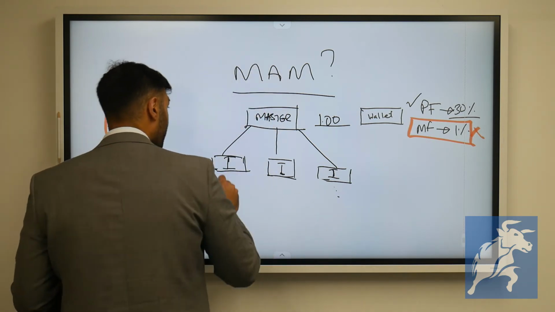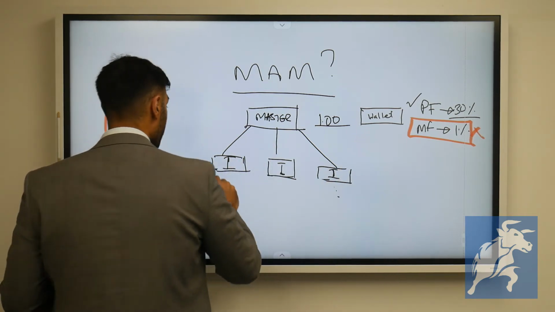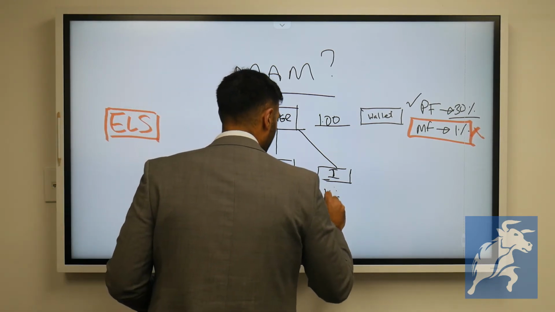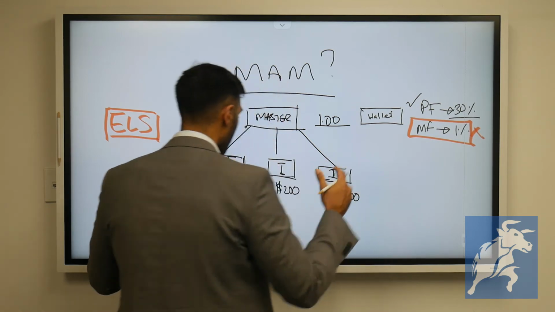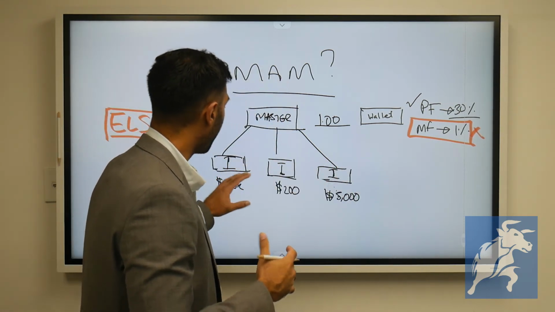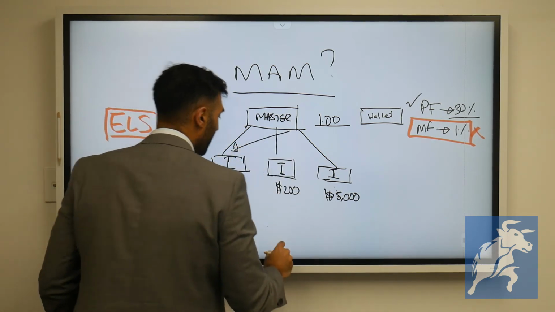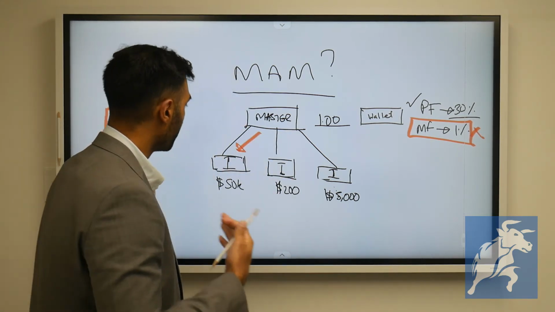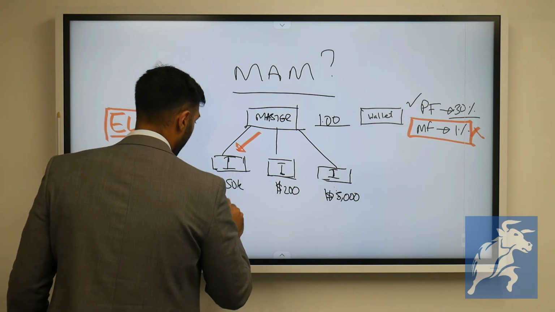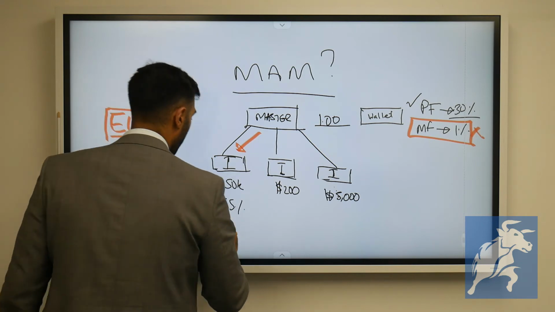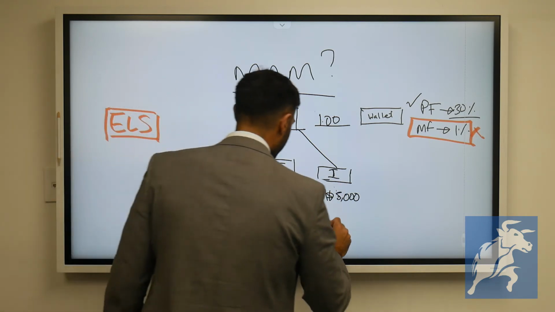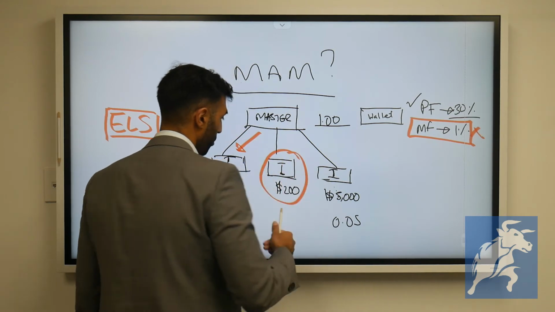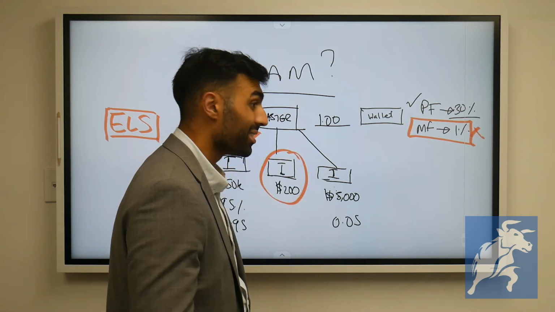So for example, if your MAM account included 3 investors, you had one investor with $50,000 in their account, one investor with $200 in their account, and another with 5,000, you trade one lot, the majority of that will be allocated to the client who has $50,000 in their account, simply because of the equity allocation split, because this guy pretty much makes up 95% of your trade, and he'll get, of course, 0.95, and then the rest will be allocated to investor number 3, and your investor account with $200 would miss out on that trade.